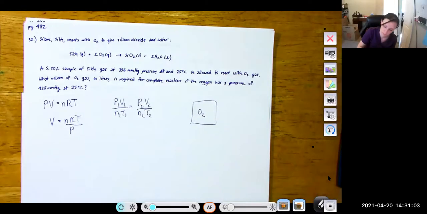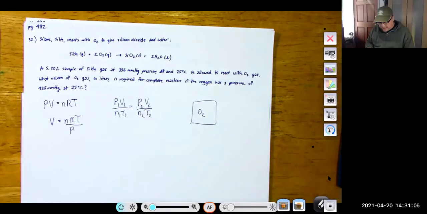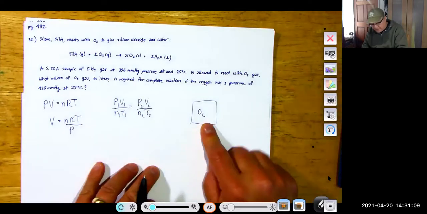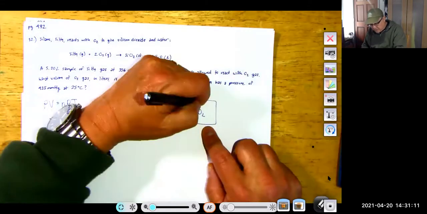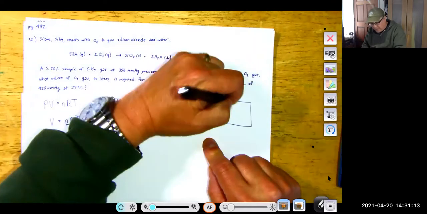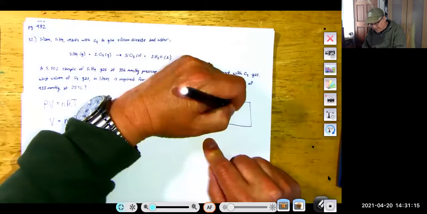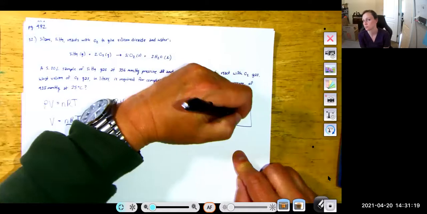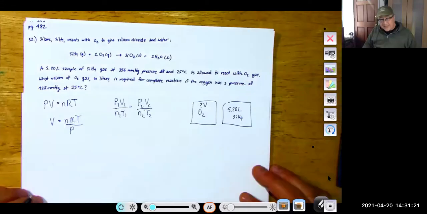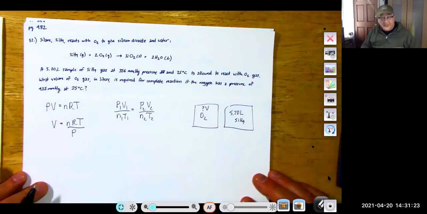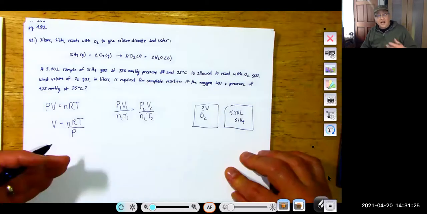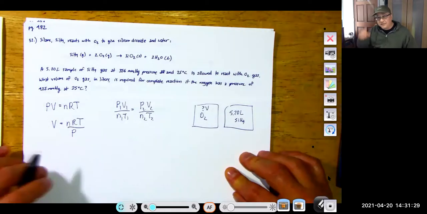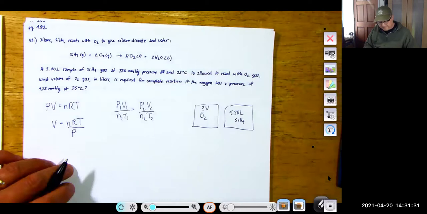Are we changing the volume, changing the mass, changing anything about it? No. So we're really asking, how much of this do we need to react with our 5.20 liters of silane? Since nothing's changing, if we had the oxygen in a container at high pressure and were going to release it to react, then we would be doing a change.